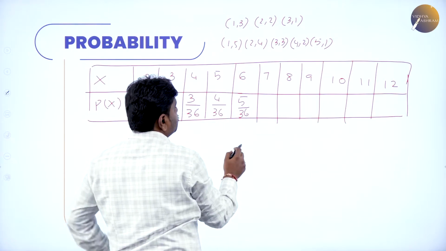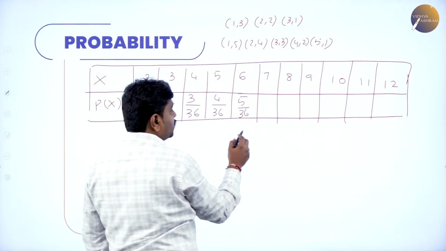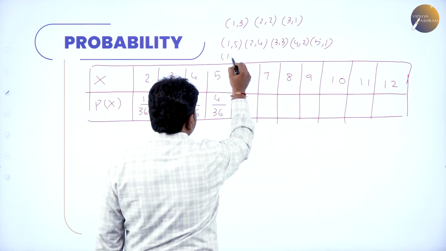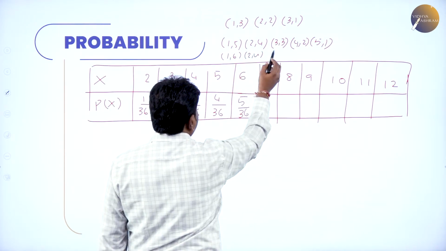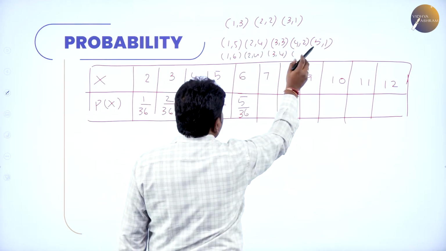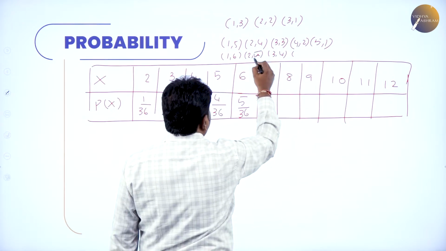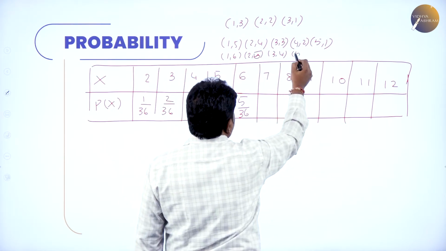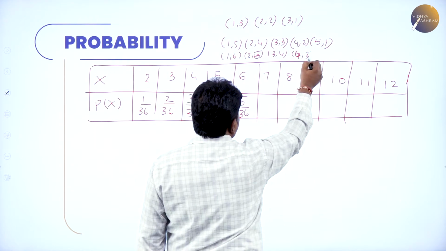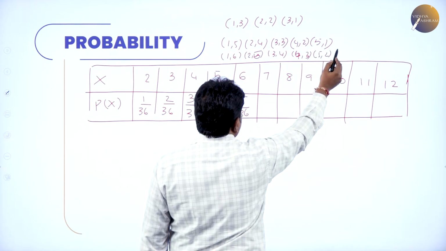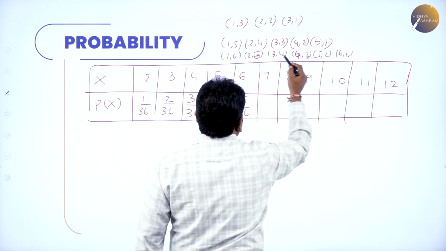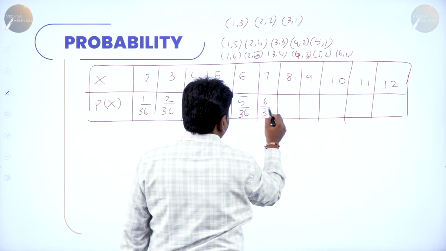Sum 7 means 1 with 6 gives you 7, 2 with 5 gives you 7, 3 with 4 gives you 7, then 4 with 3, 5 with 2, and 6 with 1. So you have 1, 2, 3, 4, 5, 6, that is 6 out of 36.